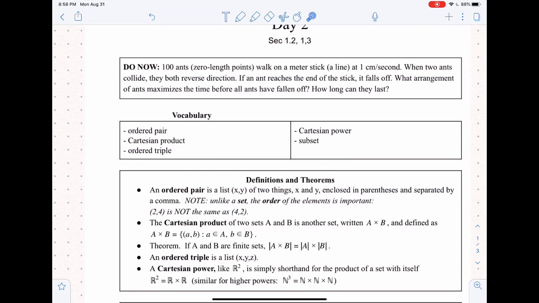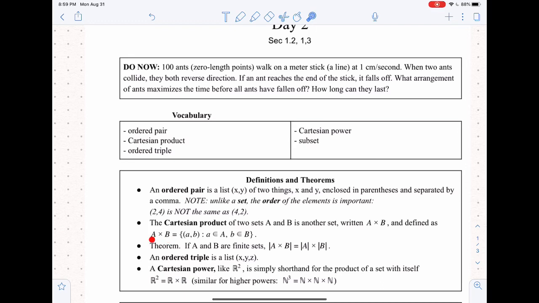What this is saying is if you take any element of the set capital A, pick an element of A and call it little a, and similarly pick an element of B and call it little b, well, if you combine those two elements into an ordered pair where a comes first and b comes second, then that ordered pair is a member of this product, A times B, the Cartesian product of A and capital B.